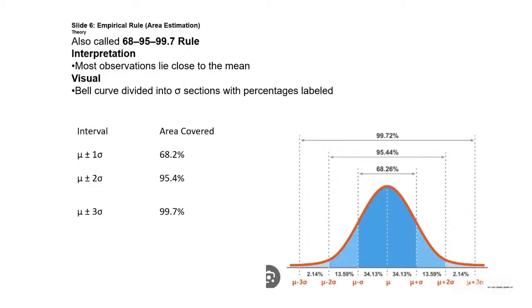So this portion includes 34.13% of the area. And the whole interval, the dark blue colored shape, is 68.26% of the area.